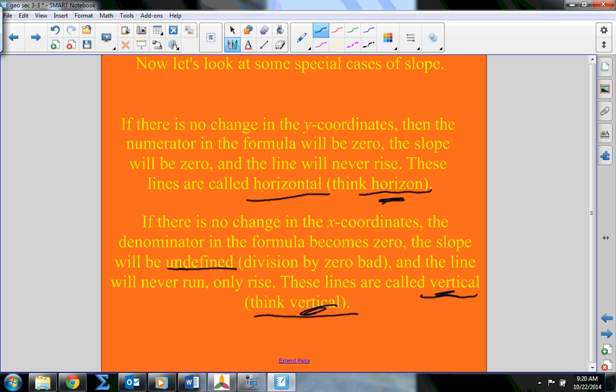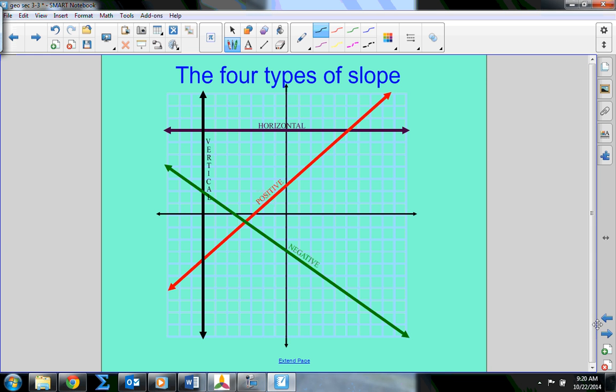Horizontal lines look like that, and vertical lines look like that. And vertical lines and horizontal lines are perpendicular. They'll form right angles. So these are the 4 types of slope that you can have. If both the rise and the run are positive numbers, you get positive slope, like this red line, which, remember, this is the x-axis and this is the y-axis, so that as x increases, y also increases.